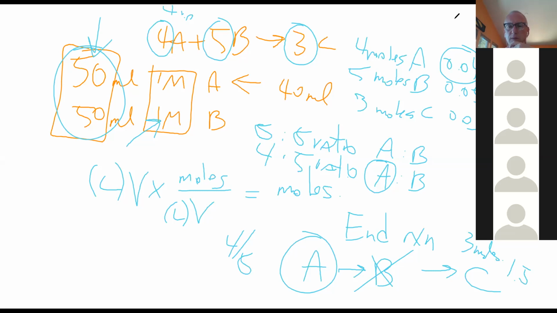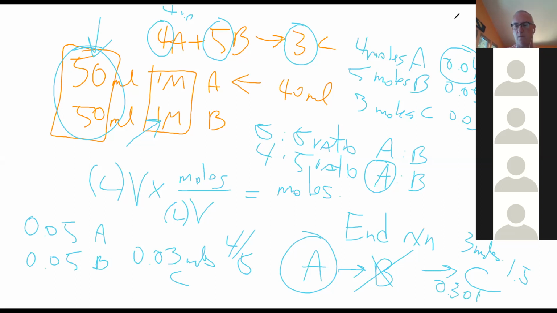All right, so basically here we would have added 0.05 moles of A, 0.05 moles of B, and we would have created 0.03 moles of C. So our concentration of C would be 0.3 molar.